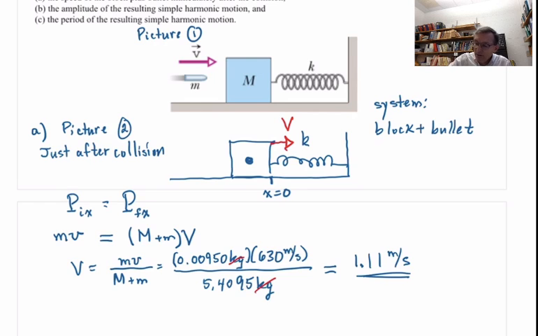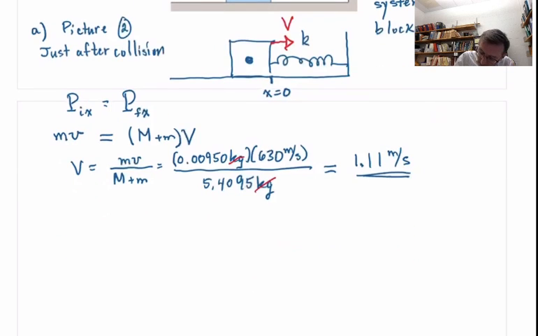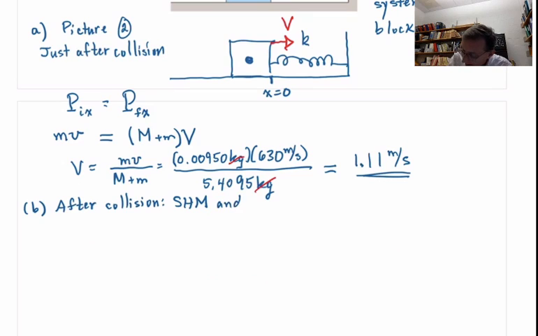So now, moving on to B. After the collision, we have simple harmonic motion of a block-spring oscillator. And so we know that the mechanical energy of the oscillating system is conserved.